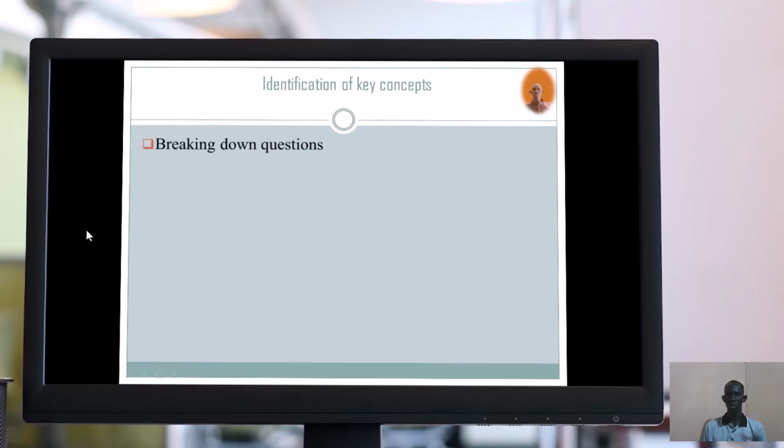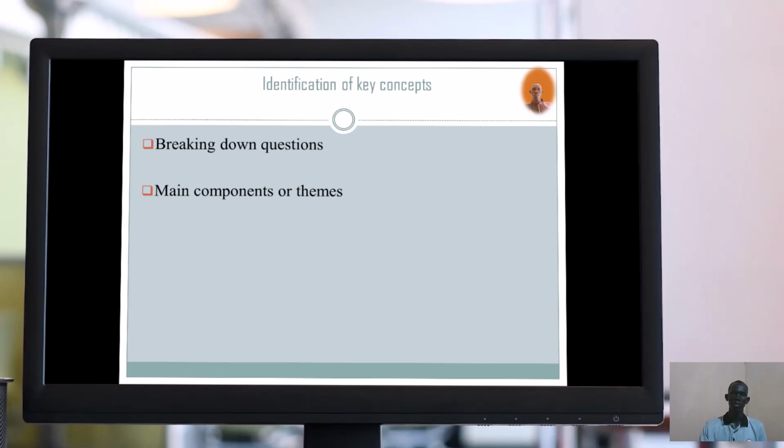When you're given an assignment, a topic of research, or a question, you need to break it down. You break the question or the assignment down into some main components or key points.